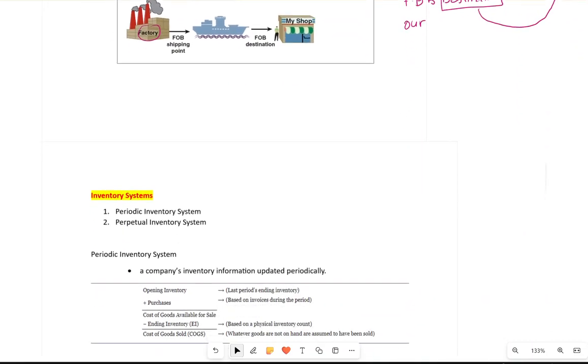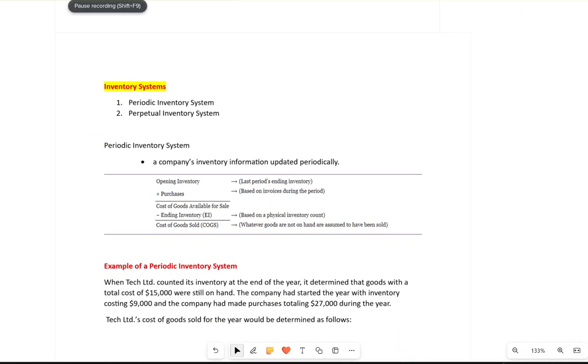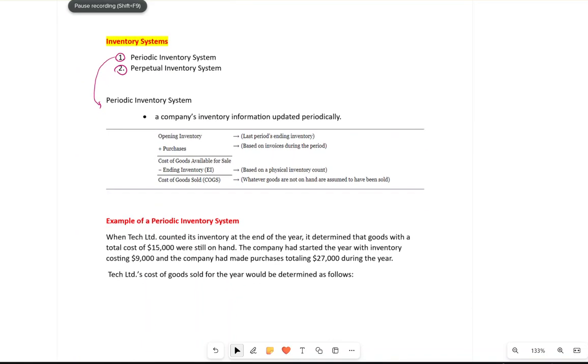So that's what happens. Now when we're talking about inventory systems in accounting, we have two: the periodic inventory system and the perpetual. Under them we have different methods of calculating the ending inventory and cost of goods sold. The first one is the periodic inventory system. What is included in my inventory? We have an opening inventory, which is also called the beginning inventory.